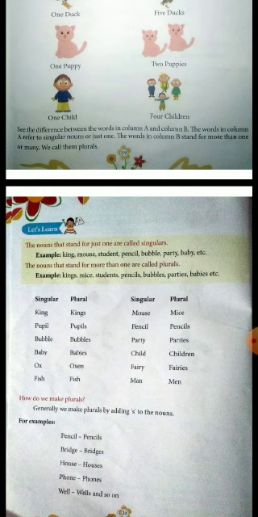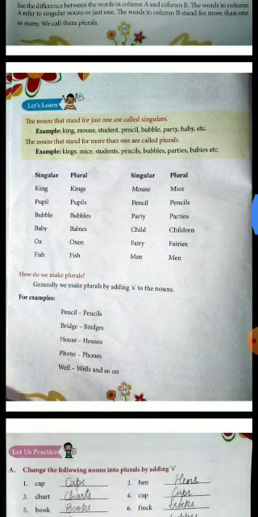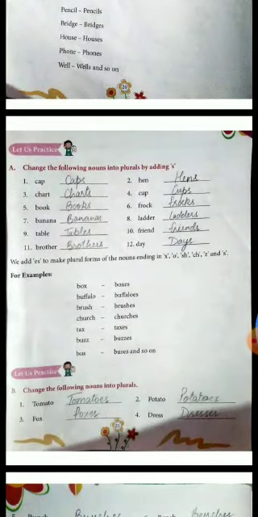So students, the words to which we add es to make it plural are the words which end with x, o, sh, ch, z, and s. So if any word is ending with x, o, sh, ch, z, and s, then we will put es to change it from singular to plural.